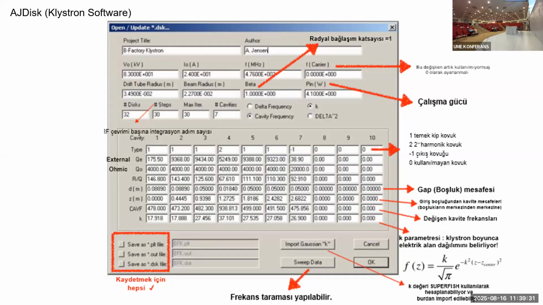It was written here. It's possible to make a sweep of frequency. Maybe you can, let's say, 1.3 gigahertz. You sweep from 1.299 to 1.3333. Let's say you can sweep this frequency range.